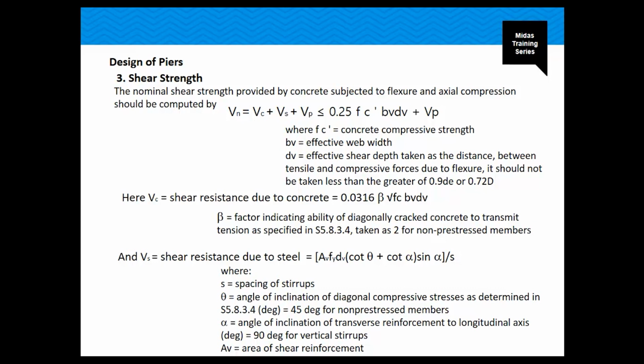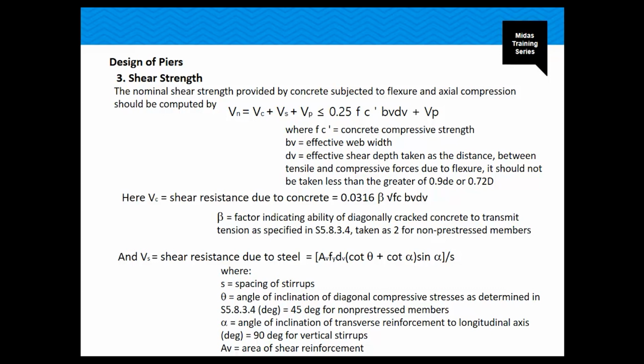And just to give you an idea of how you can calculate the shear strength, the nominal shear is provided basically by the concrete subjected to flexure and axial compression. We have different values and factors for f'c, the area, the effective width and the depth taken into consideration.